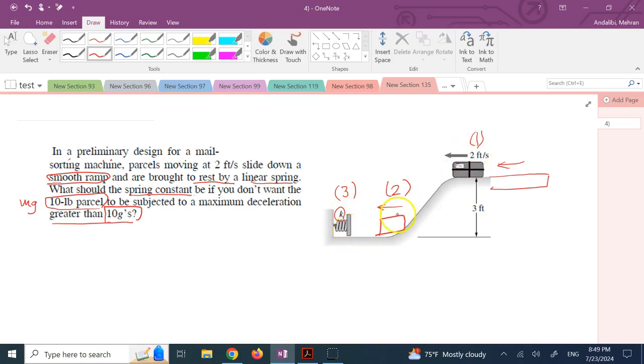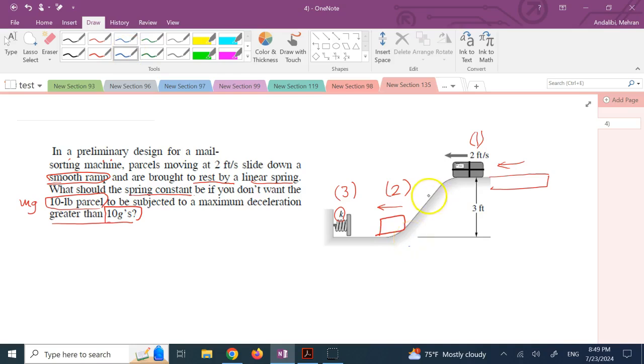So it's better to break it into two parts, from 1 to 2 and then 2 to 3, and look at them individually using work-energy. Although you can use the Newton method too, work-energy is way easier and more useful.